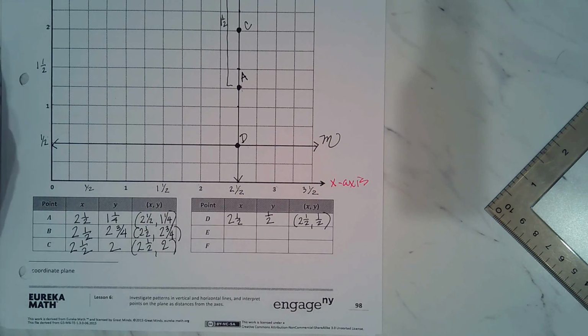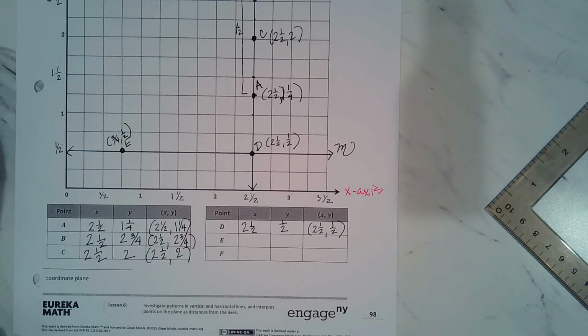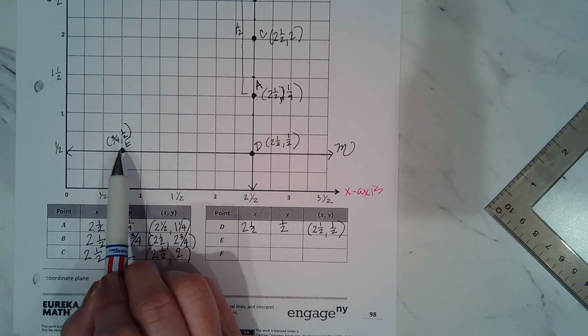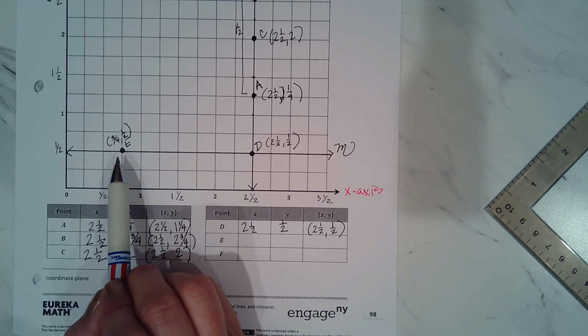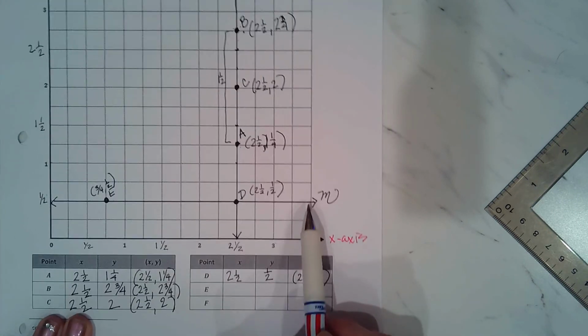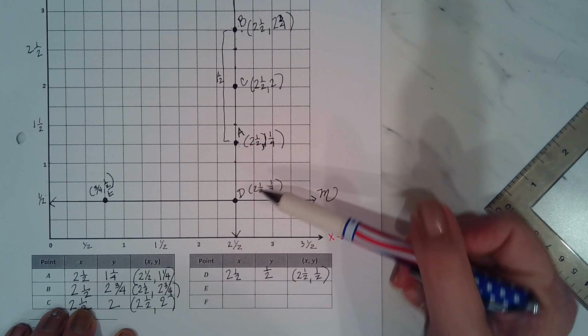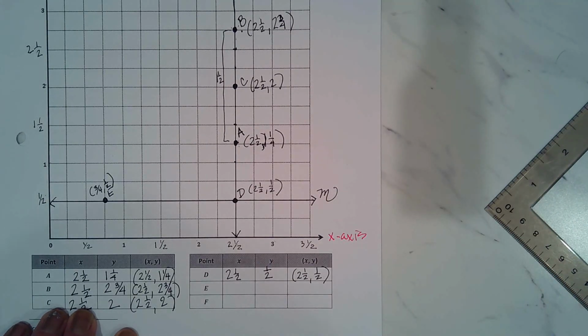Go ahead and do that and check your work. All right, is this where you plotted your point E? I went back and I just labeled my points because many times that is a requirement. It's just a habit to get into.